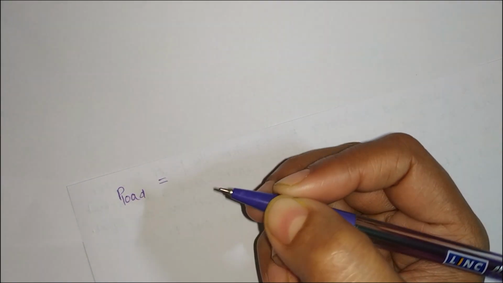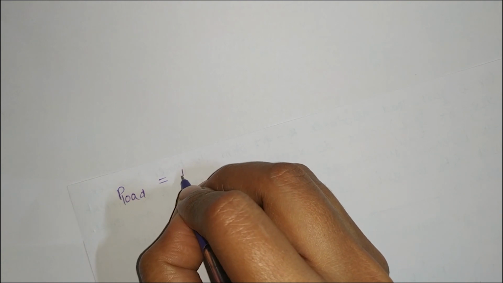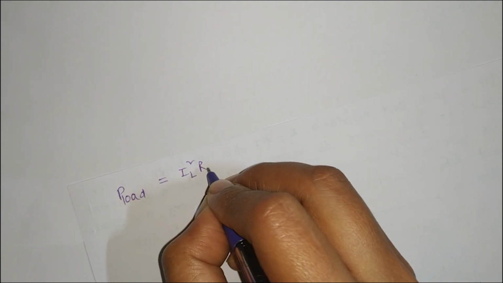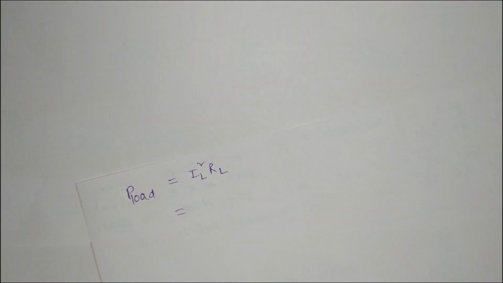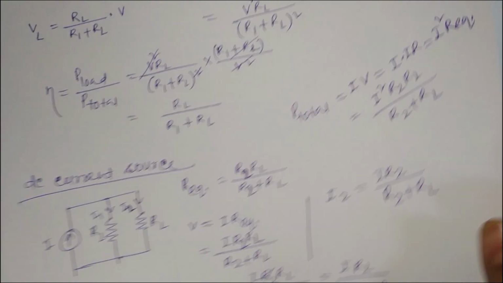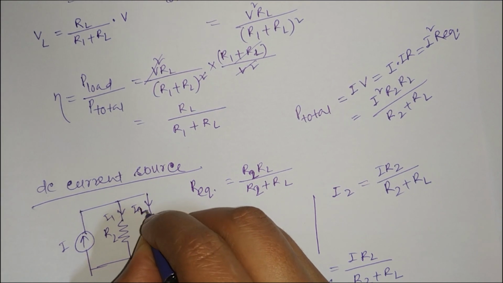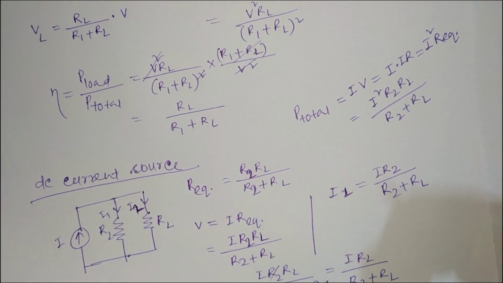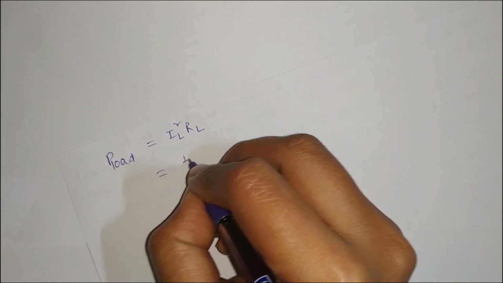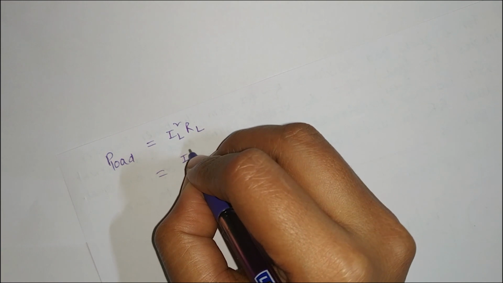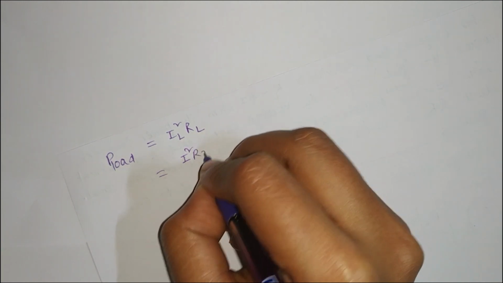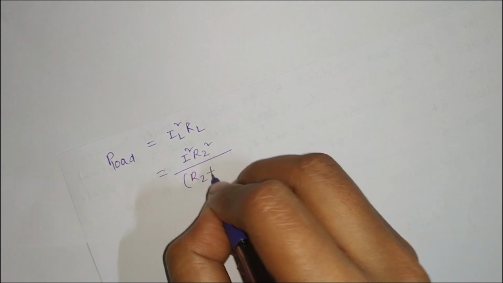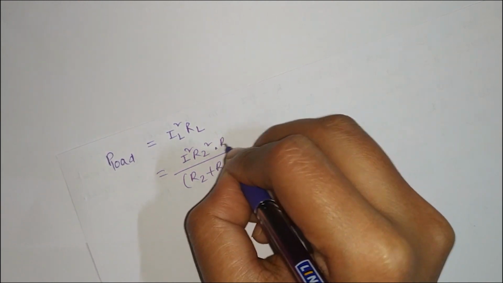And P load is IL square RL, where IL is I R2 divided by R2 plus RL. So P load is I square R2 square divided by R2 plus RL square into RL.